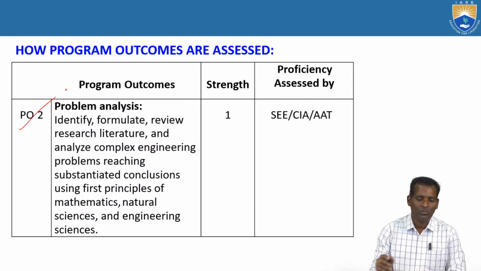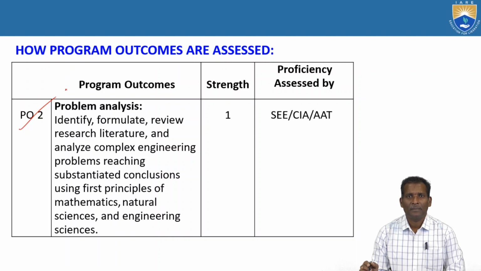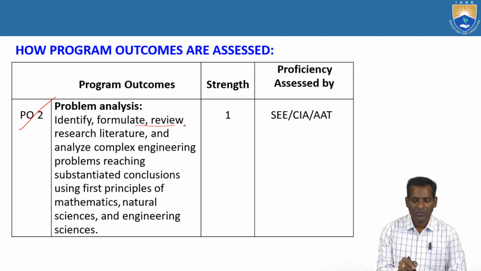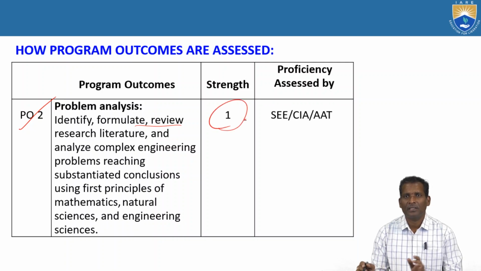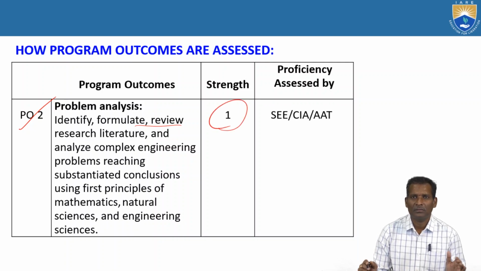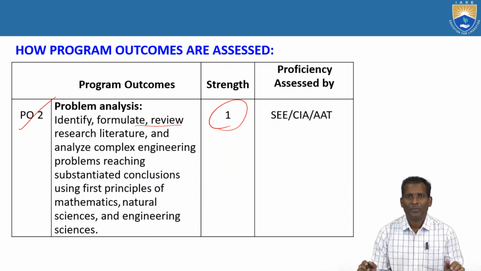The second one is PO2, problem analysis. Here, identify and formulate the problem, conduct research and review literature. The weight given is 1, very low.